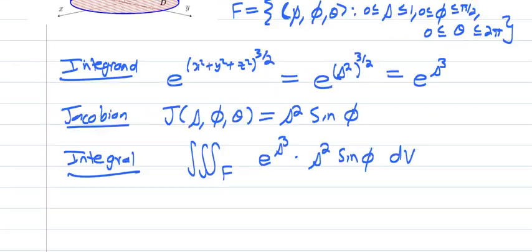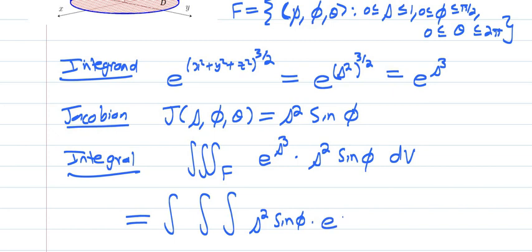If we need to evaluate this, we need to write this as an iterated integral. We can pick an order, and I'm just going to rearrange that, so it becomes rho squared sine phi times e to the rho cubed. And I'm going to pick the order you most likely pick, which is d rho, d phi, d theta.